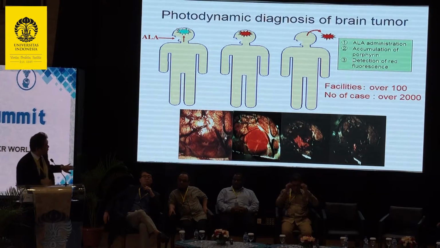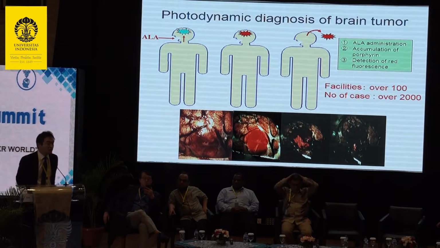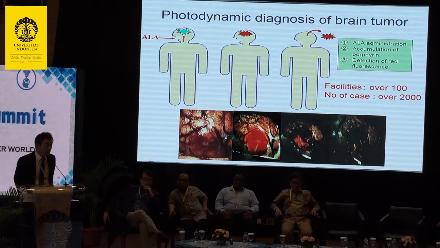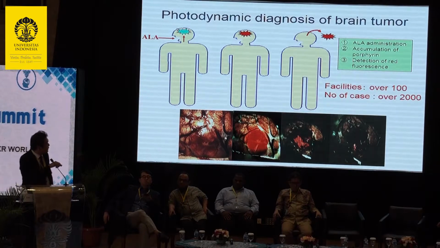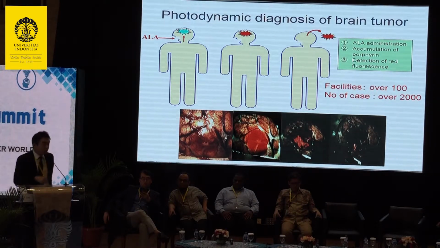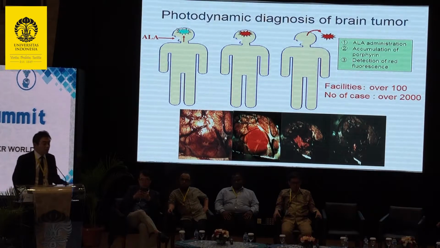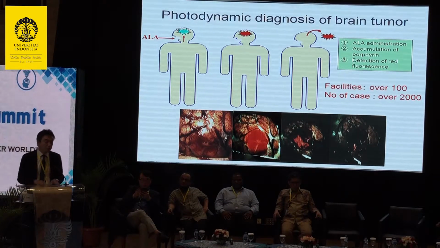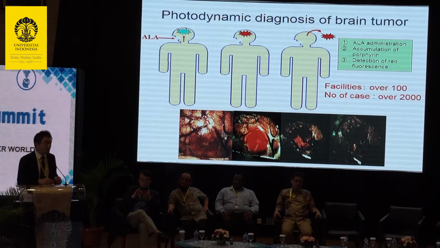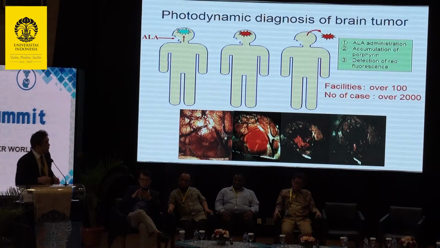The left slide is the picture of the brain tumor, and this picture shows the red-colored tumor after aminolevulinic acid administration. This is a real human brain tumor, and the doctor can operate using the fluorescence.